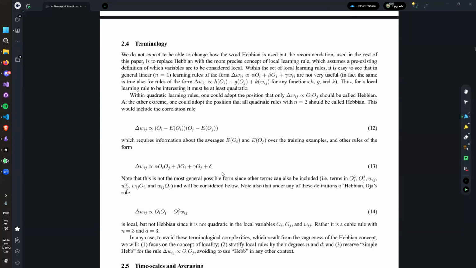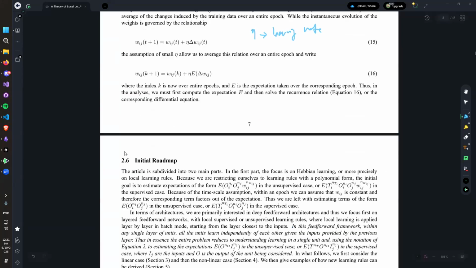For example, locally you can calculate entropy and say, I want to minimize entropy for a neuron, and then it may or may not correlate with the global loss function. Okay, I don't know actually. That's all right.